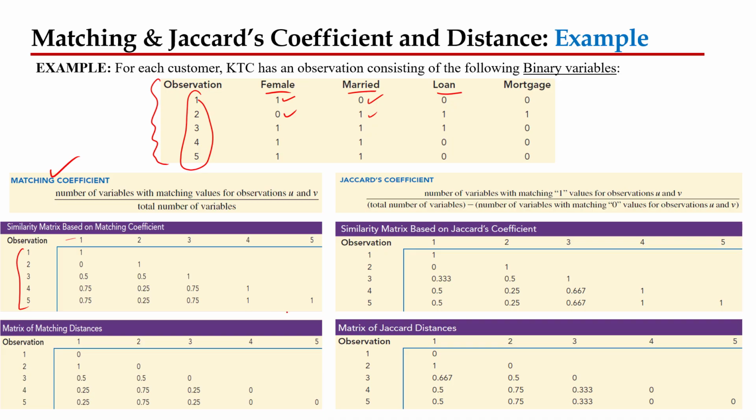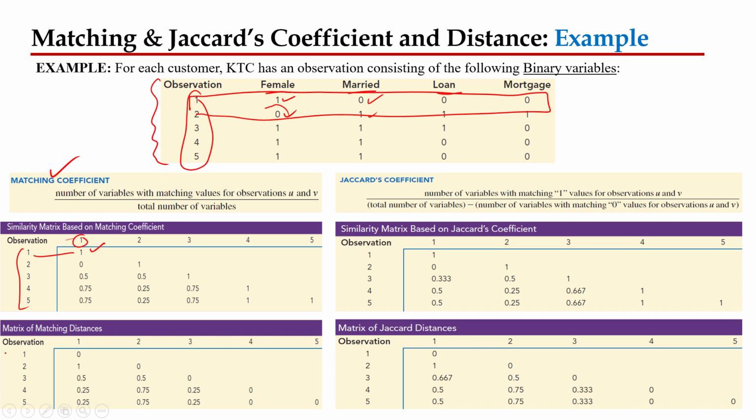The diagonal values are always going to be 1. When we compare the first observation with the first observation, obviously they are going to be the same: 1 and 1, 0 and 0. So 4 divided by 4 is 1.